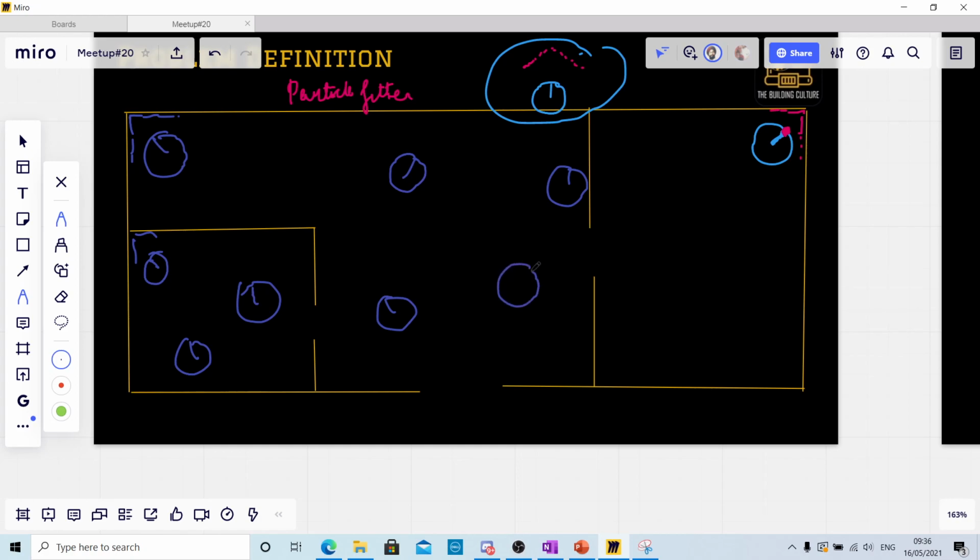We could say that the robot could be in this position with this particular orientation, or it could be in this position with this orientation. We just give it randomly, let's say 50 or 100, or any number of particles, and this is what we mean by particles here.